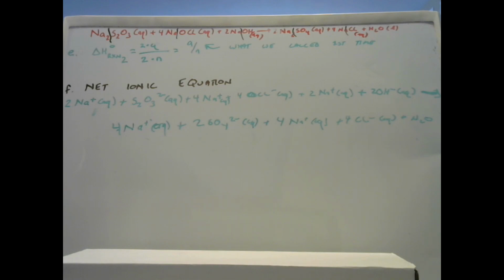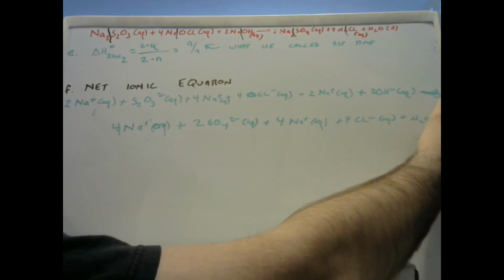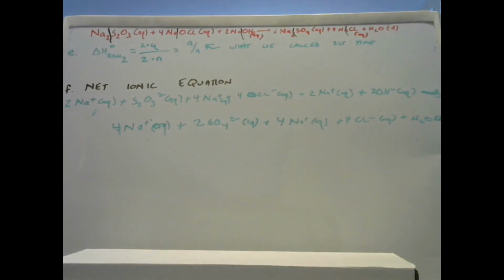There we go. And remember, because water is a liquid, it does not split up. It stays just the way it is. Now, this is your complete ionic. Okay, all the ions represented, everything's there. To find the net ionic, you find your spectator ions and eliminate them. Your spectator ions, for memory's sake, are anything that shows up on both sides of the equation unchanged.